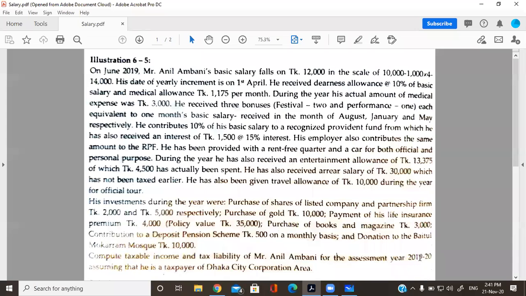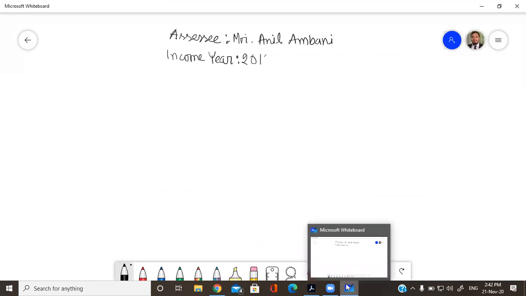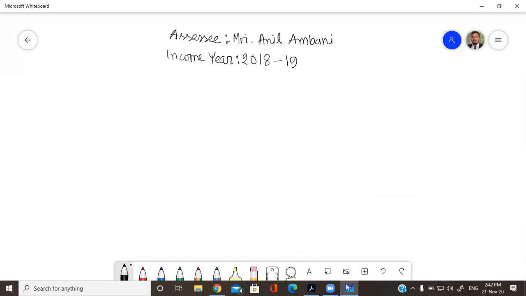So the assessment year is 2019-20, and you know very well that assessment year is the year followed by the income year. So income year precedes the assessment year. In that case, you can write income year is 2018-19, and for assessment year, you can write 2019-20.